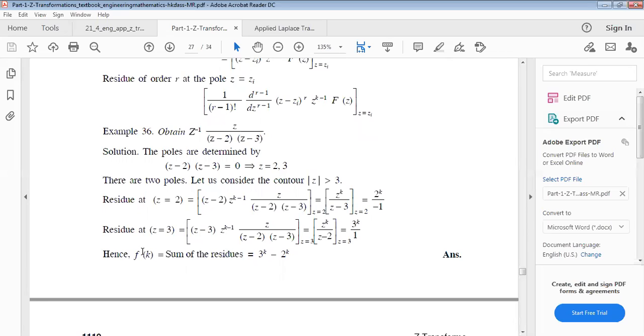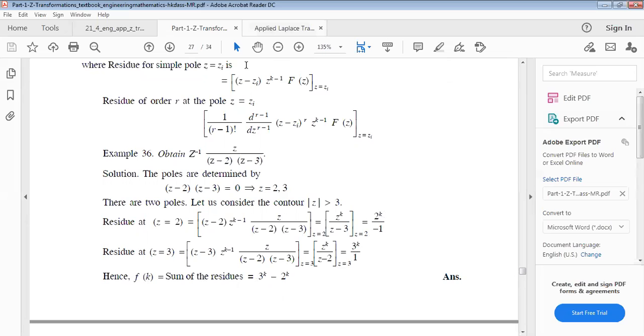Hence the sequence, the sum of the residues, is 3^k - 2^k. Very easy.